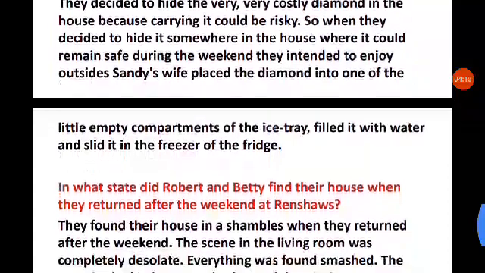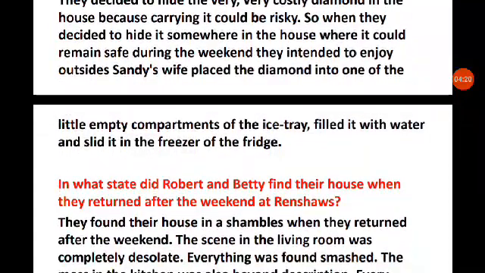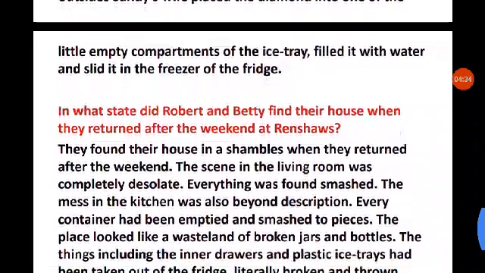In what state did Robert and Betty find their house when they returned after the weekend at Rinshaw's? They found their house in shambles when they returned after the weekend. The scene of the living room was completely desolate. Everything was found smashed. The mess in the kitchen was also beyond description.